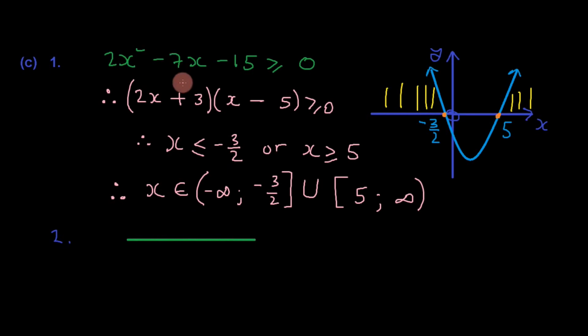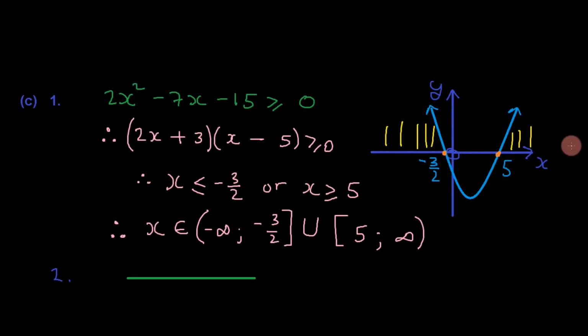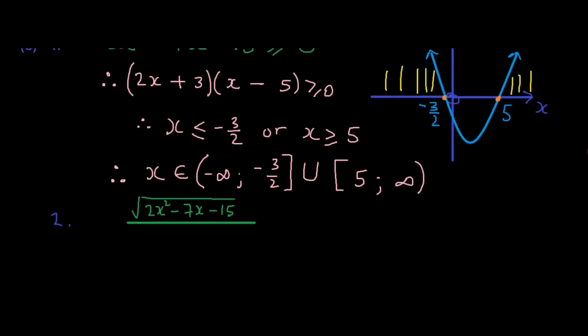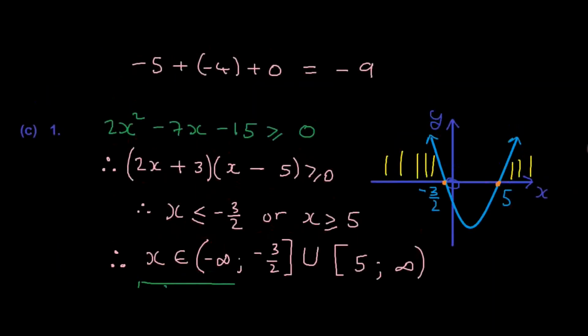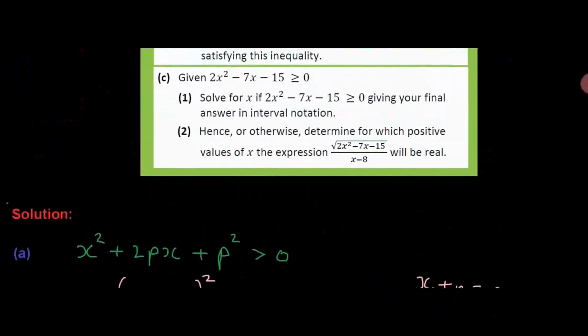It's basically the square root of the left-hand side of this inequality in the numerator: the square root of 2x squared minus 7x minus 15, all over x minus 8. Just to go back to the question, it says determine for which positive values of x this expression will be real.